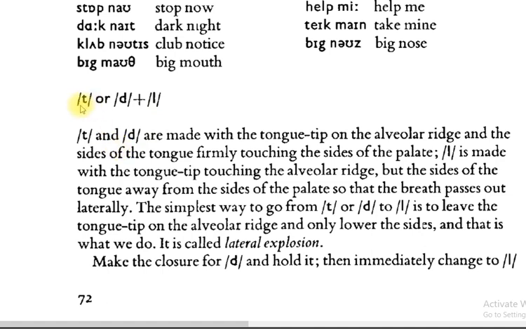Let us see what happens if we have this type of consonant, t or d, and then we have L. What happens if we say tl or dl?